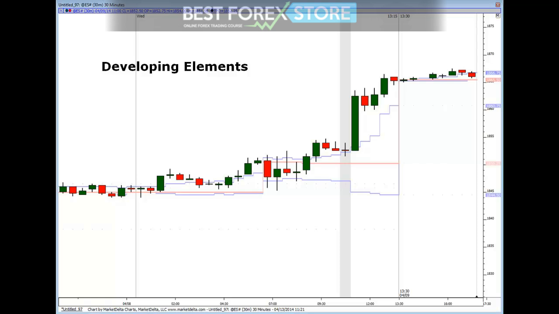The only difference on this chart is that I have them in a developing format, and you will see that this is very useful and very helpful to look at if we are going to trade in any period or any session, to take a look at these three pivotal elements as they develop in the marketplace.